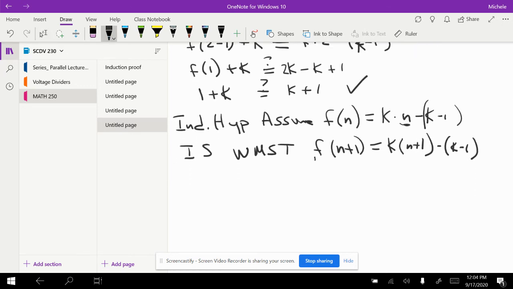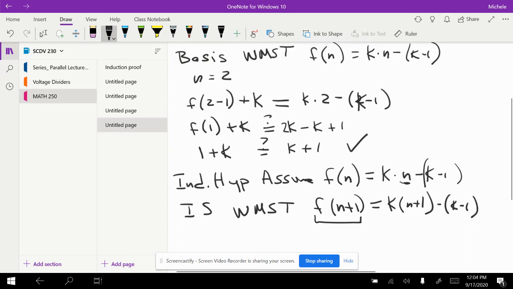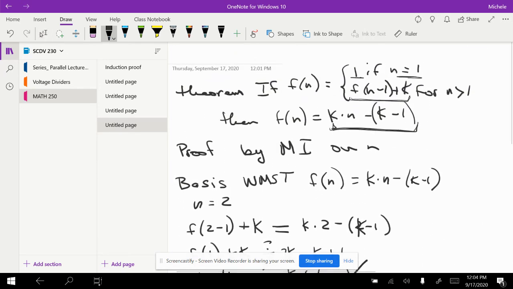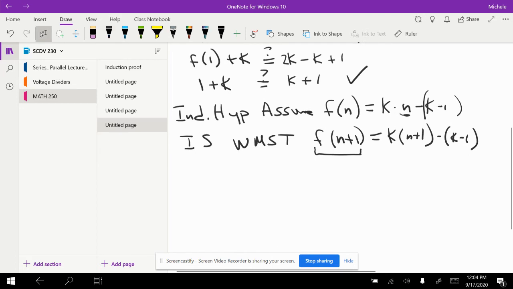So what we want to do here then is we're going to use our definition for our function right here. So I'm going to use this definition to plug in for our function down here. So I'm going to say 2, or sorry, it's not 2, it's k. k times n plus 1 minus k minus 1, right?